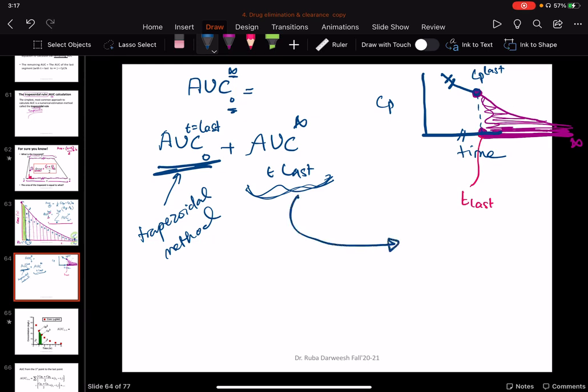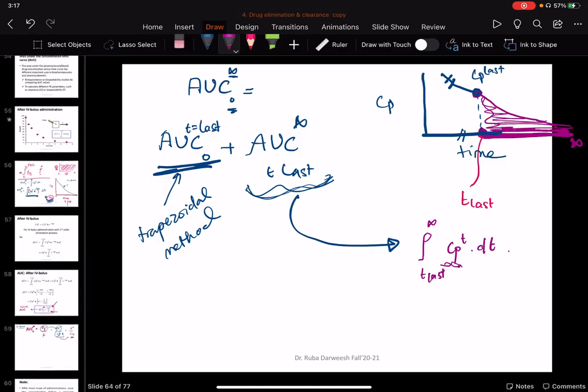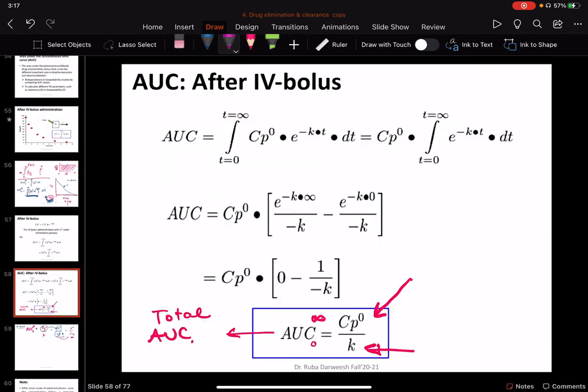We need to do, let's write it here, an integration from T last until infinity of CB at a certain time, the function, right? This function is the same as we know, which is CB naught multiplied by the exponent of the power minus k multiplied by the time. But if we integrate the overall profile, it gives me CB naught over K, as I mentioned here.